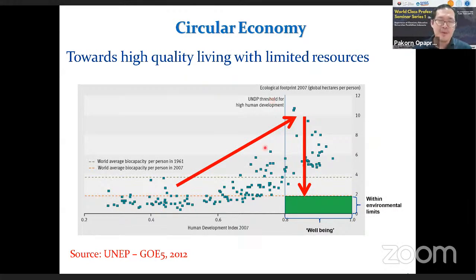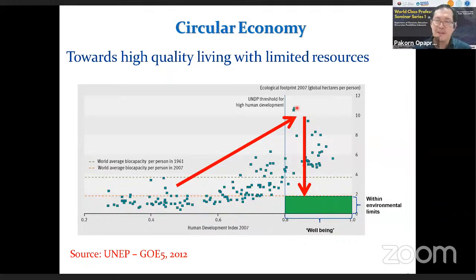We can see that countries with a low development index also have quite a low ecological footprint. But with more developed countries, you can see the number increase higher and higher. The highest one goes to around 11.